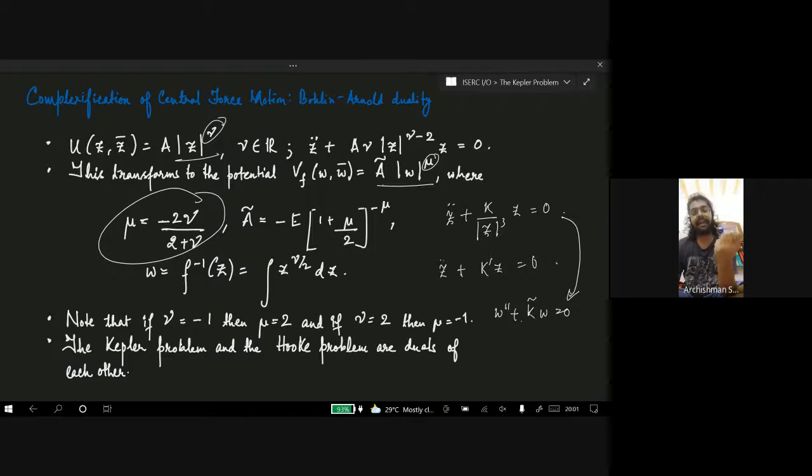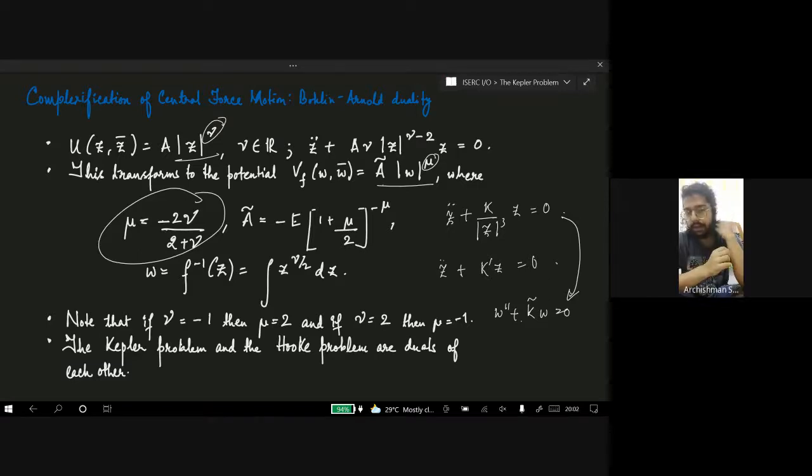But in case of any general central force motion, you will get something in the complex plane that is also central force motion that may not be dual in the general case. Over here, if you start with a mu of this form, you get back a nu. So you get back the same nu. The only thing which is going to vary is the value of the spring constant, the k prime value.